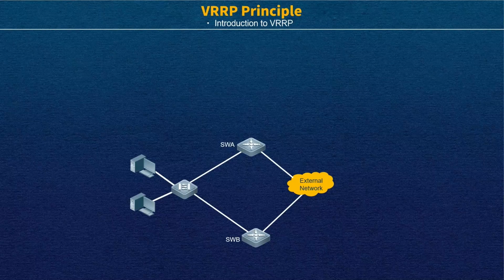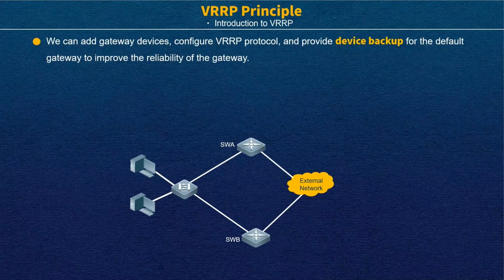Then let's see VRRP. In this topology, we have two terminals connected to the access device, and we can provide switch A and switch B to help visit the external network.